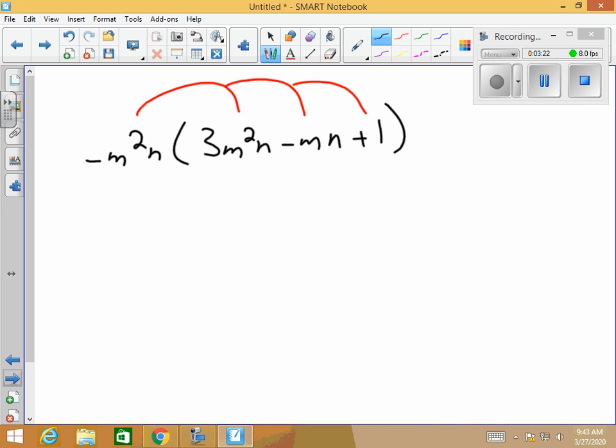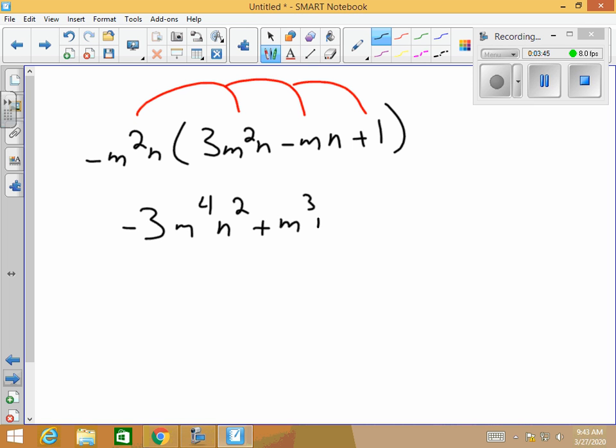So when I distribute the negative m squared n to the 3m squared n, I'm going to get a negative 3 with my constants. I have m's, I add my exponents and get 4. I have n's, I add my exponents and get 2. A negative times a negative into that second term is a positive. M squared times m, I have m's, I have 3 of them.